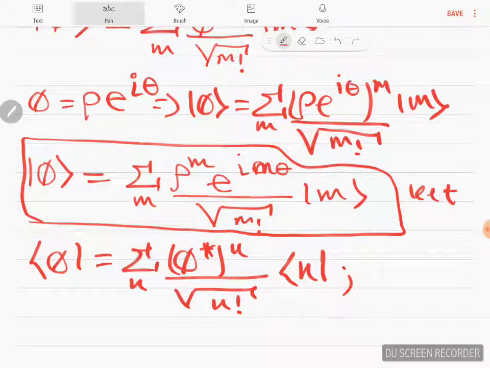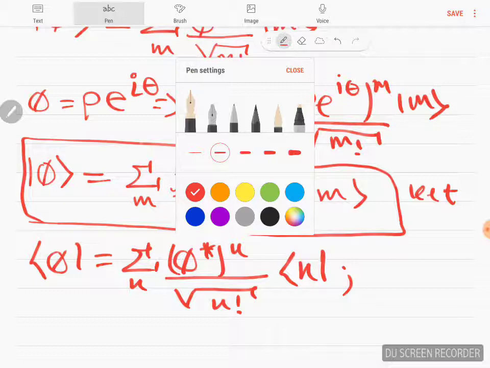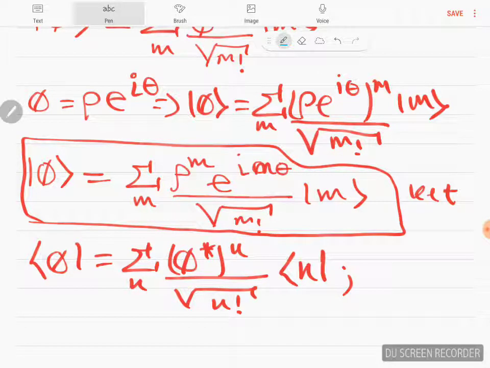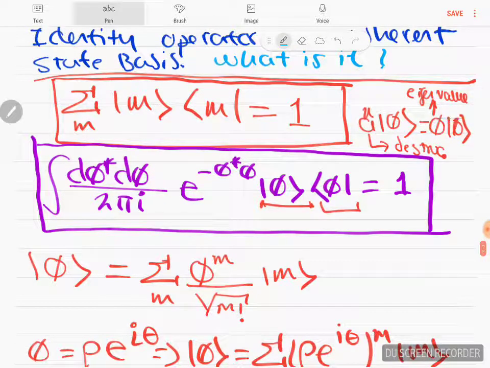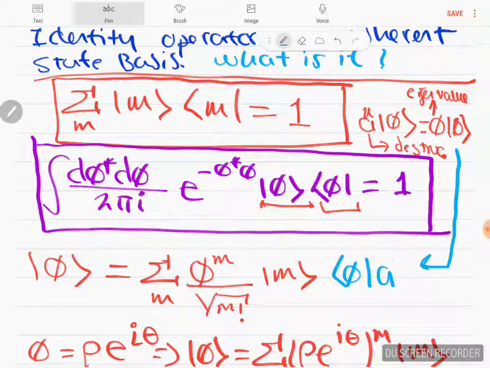And let's recall the definition of the coherent state. If we recall that definition, we will see that the coherent state is an eigenstate of the destruction or annihilation operator. Therefore, if I just take the complex conjugate of this expression, I get that the bra coherent state is an eigenstate of the creation operator, whose eigenvalue is phi star.